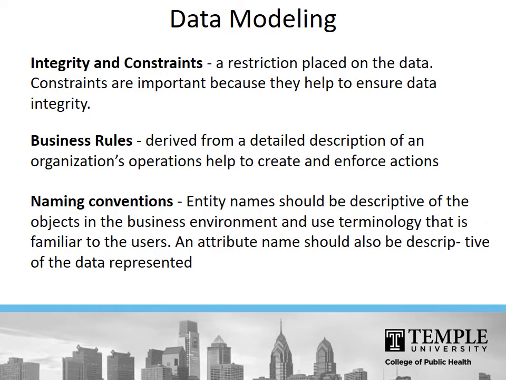Integrity and constraints. A constraint is defined as a restriction that's placed on the data. Constraints are important because they help to ensure data integrity. Think about your bank account. There is a constraint on that account so that money from somebody else doesn't accidentally go into your account, or money from your account doesn't accidentally get withdrawn by somebody else's ATM card.